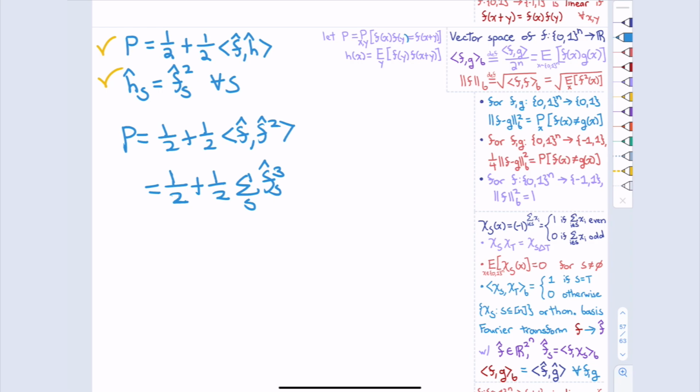Somehow when we do this Fourier analysis, everything works out a little too cleanly. And this is at most 1/2 plus 1/2 times the maximum over all S, f hat S squared.